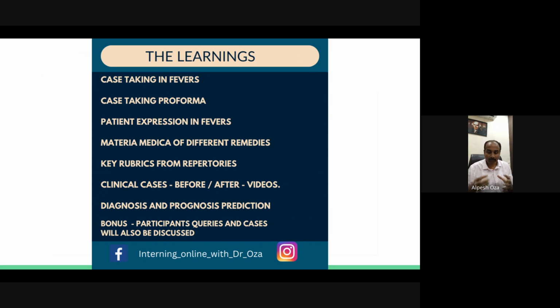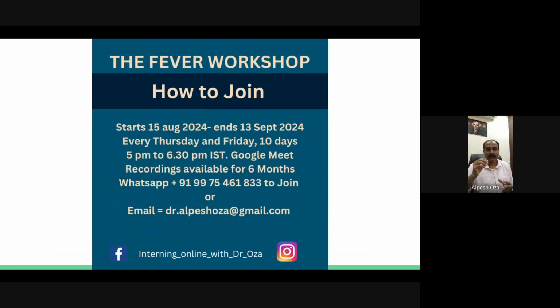And the most important thing, what a homeopath often ignores, is the diagnosis and prognosis prediction. In such cases, you need to have a sharp clinical acumen. If you have any cases, those cases will also be discussed.